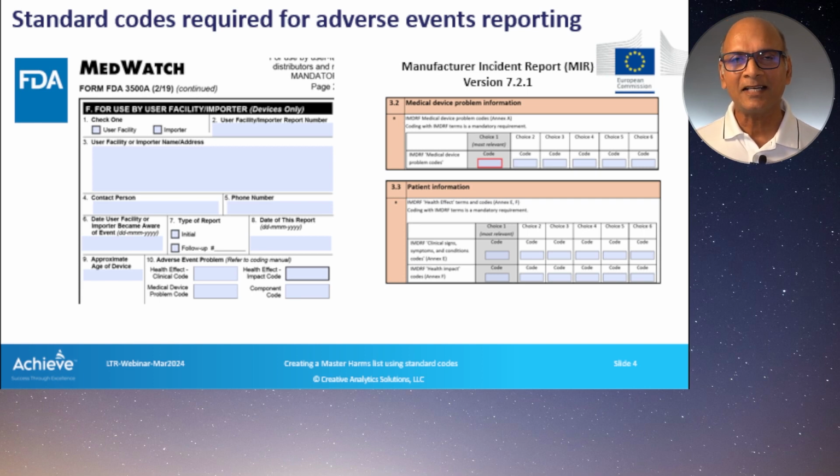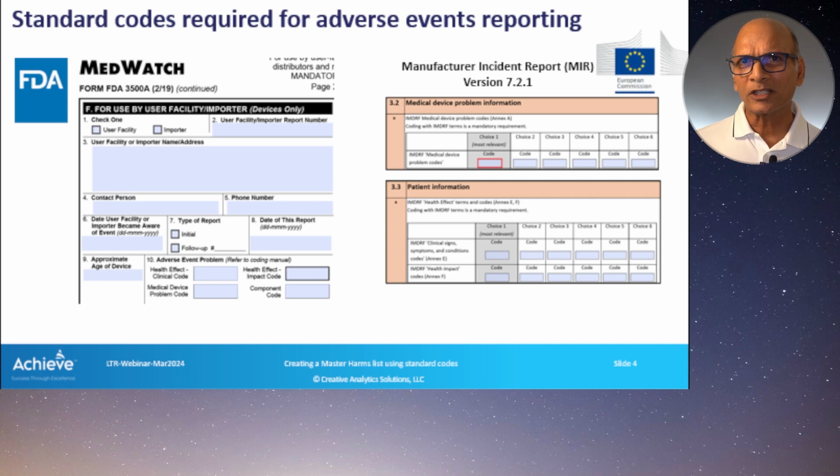But the point here is that part of our organization is probably already doing it for adverse events reporting, right? We have all this complaints data flowing in, and we are looking at that data and making a determination of whether we need to report this or not for reportability purposes. And that process requires us to map what we have into our adverse events codes that are required for that form.